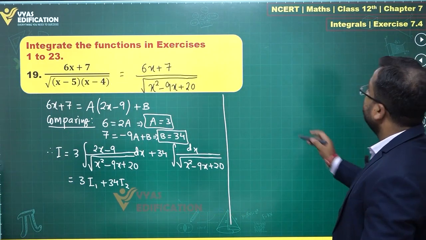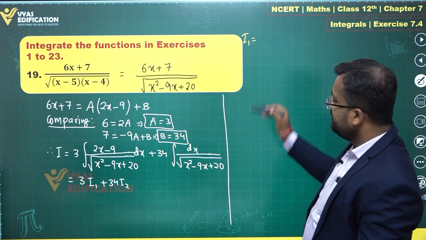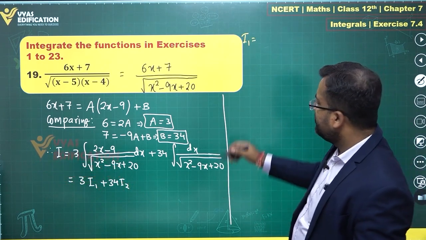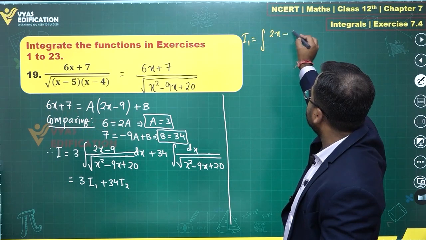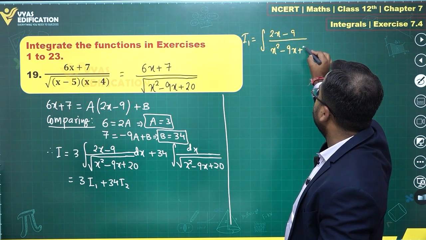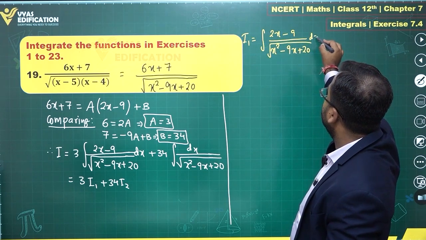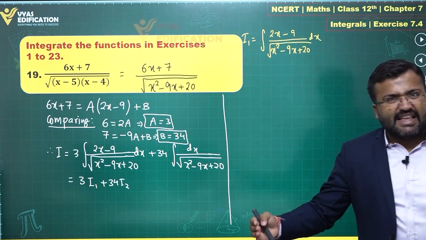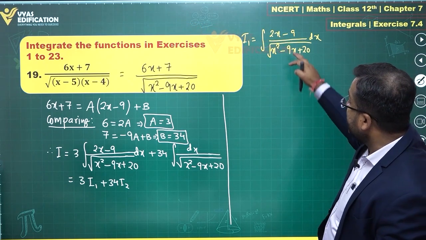Let's try to find I1 first. I1 is looking pretty simple, because this is nothing but 2x minus 9 upon root of x square minus 9x plus 20. So we can take x square minus 9x plus 20 as t. This numerator will be the derivative of this.